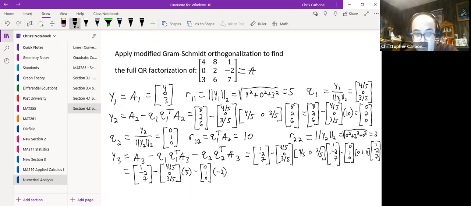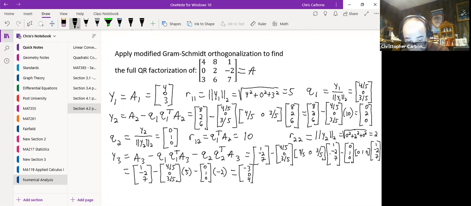Now we can solve this equation. 1 minus 4/5 times 5 minus 0 times -2 gives -3. -2 minus 0 times 5 minus 1 times -2 gives 0. And 7 minus 3/5 times 5 minus 0 times -2 gives 4.